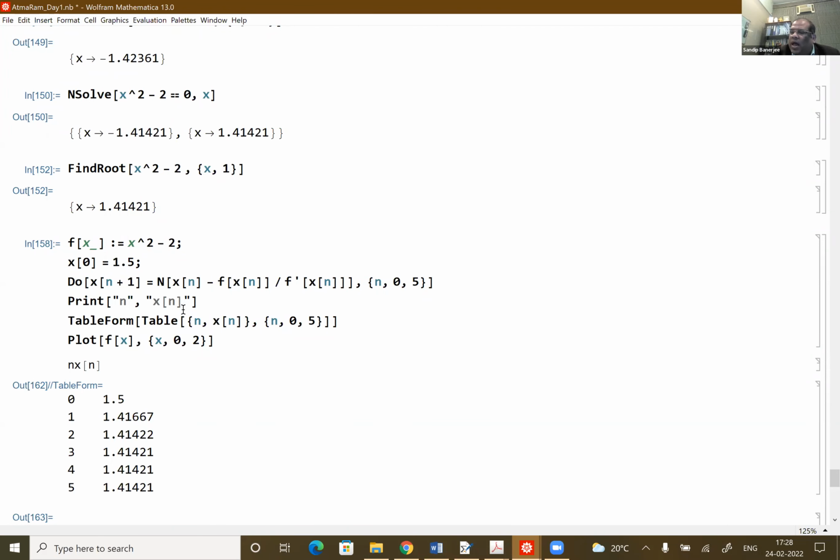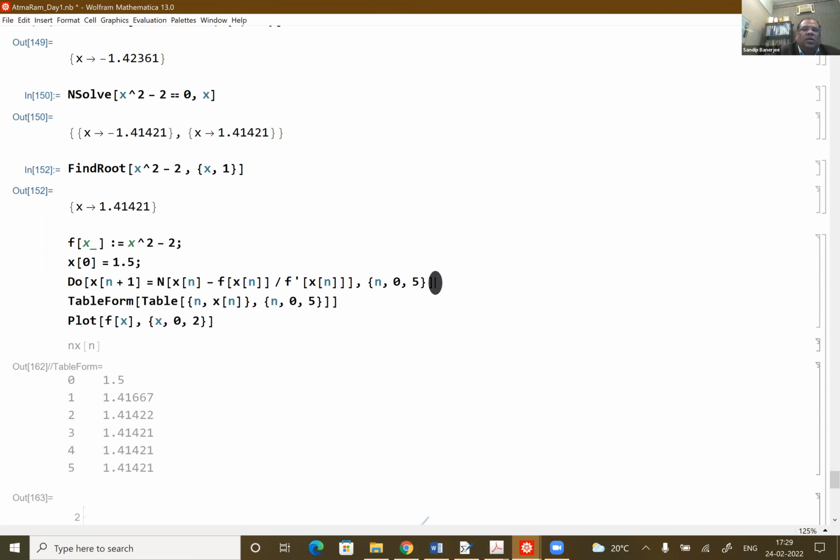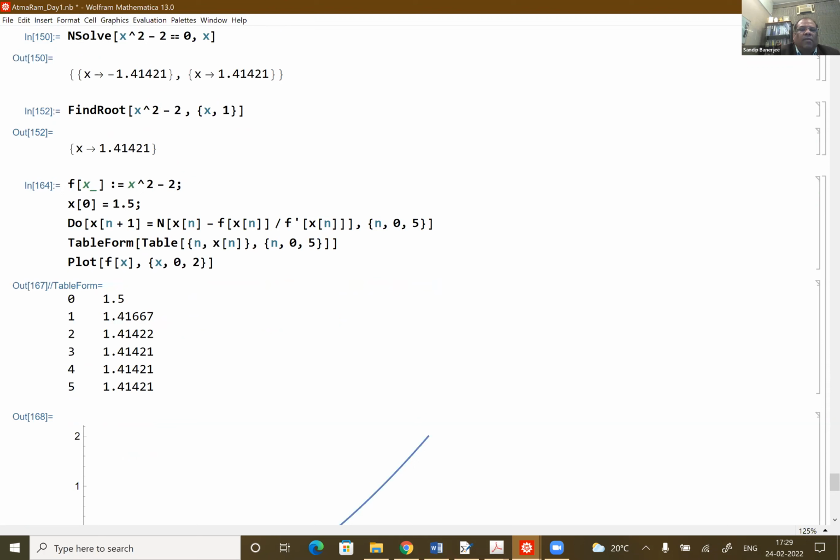There should be a gap. Anyway, then this table form, I think we can remove this one. Yeah. So the table form is n, xn. So this is your n, this is your xn. It starts from 1.5 and it gives you this value.